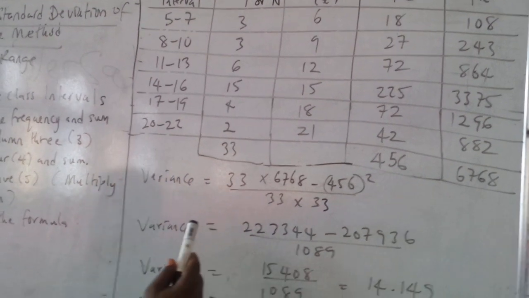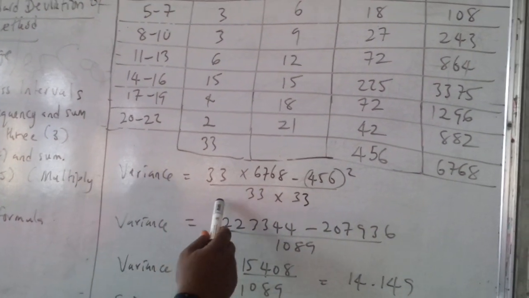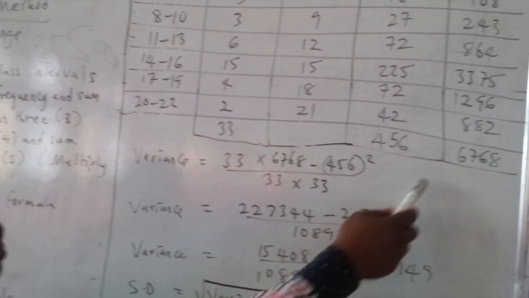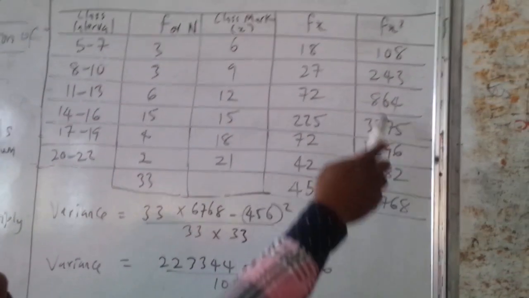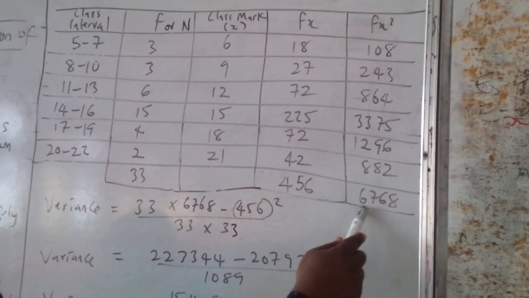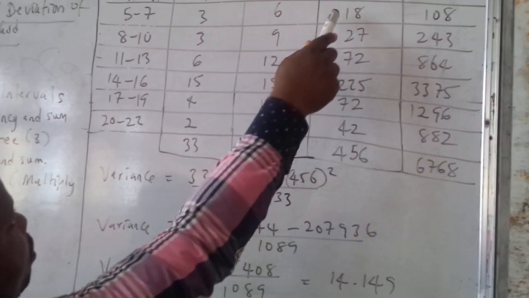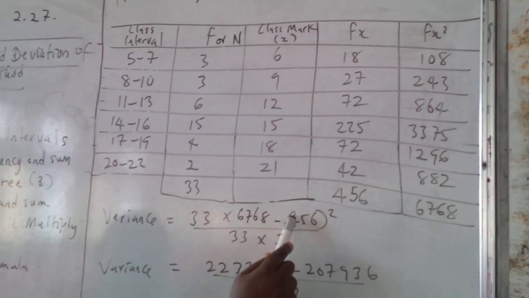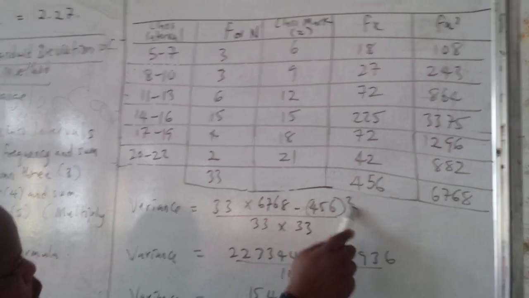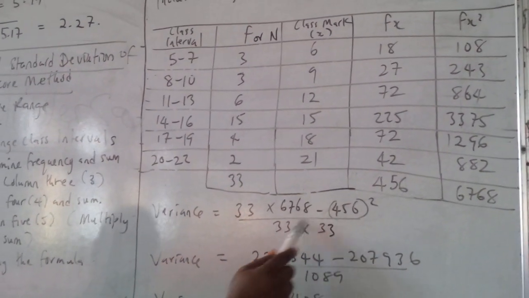The sum of fx squared is 6,768, and that's what it is here, minus the sum of fx squared, that's 456 squared, all over n squared.